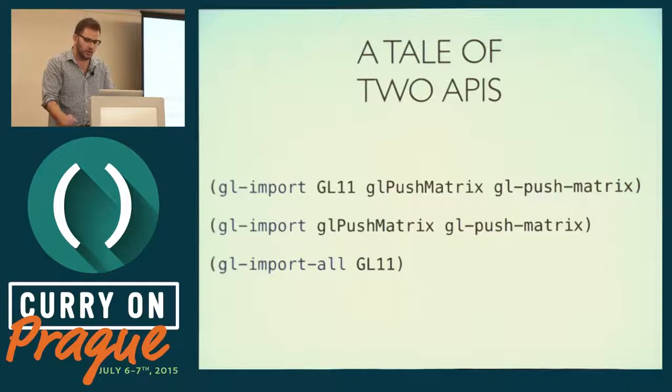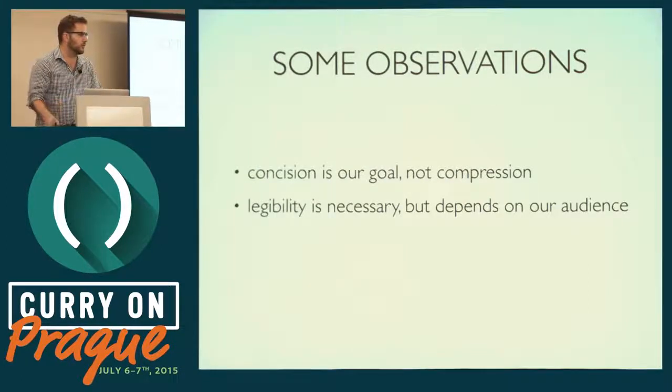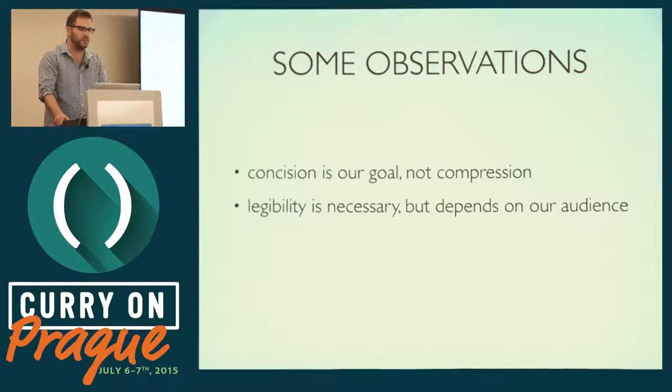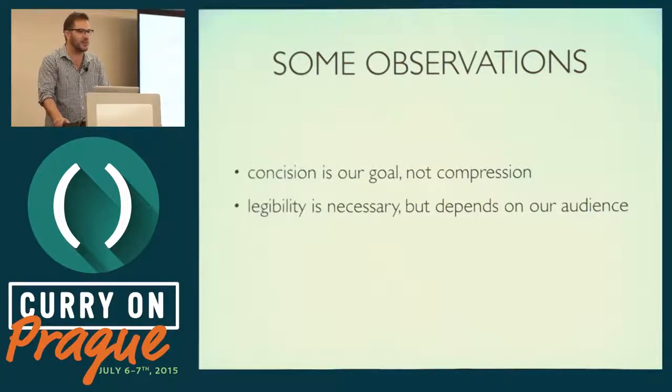And so when we look at macros, right, this thing with which we can do anything, one of the key distinctions that we want to make is between compression in the information theoretic way, right, golfing our code down to the least possible number of terms, and concision, which is to say going down to the essence of what we're doing, but not taking away anything further than that.